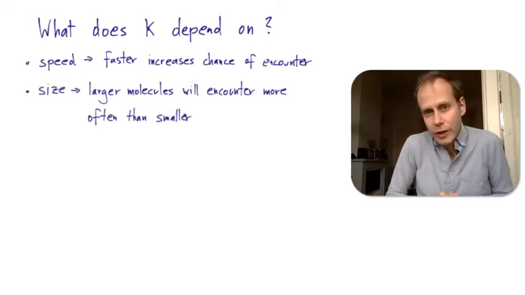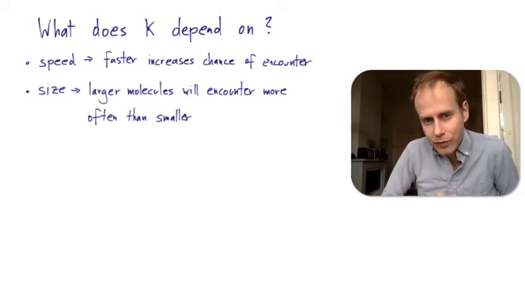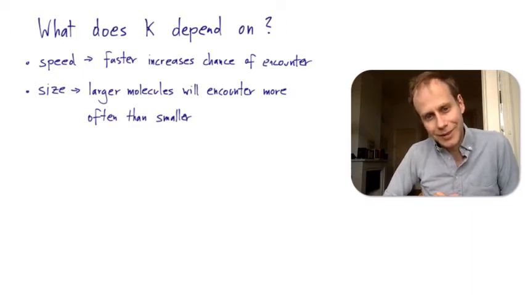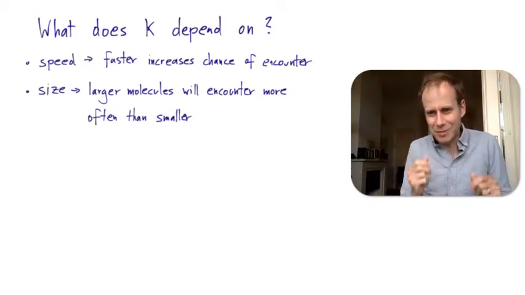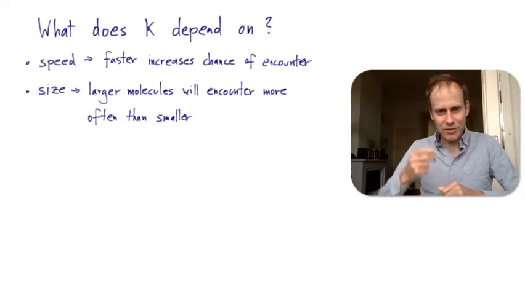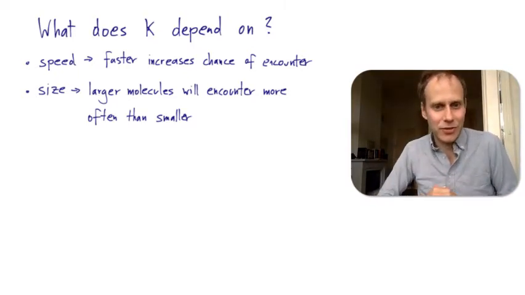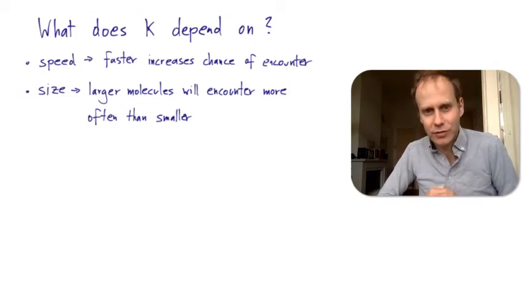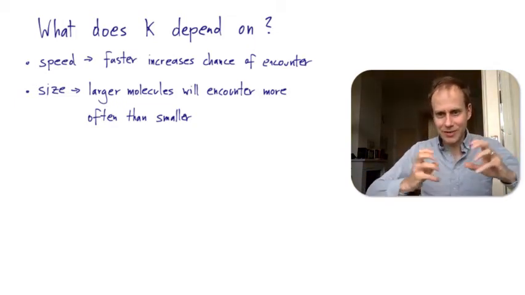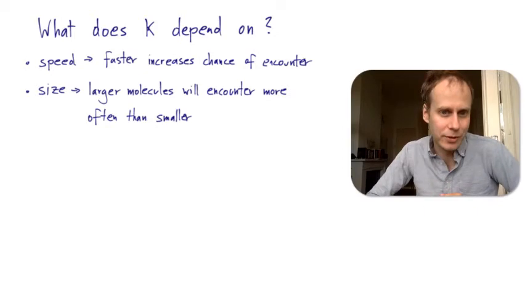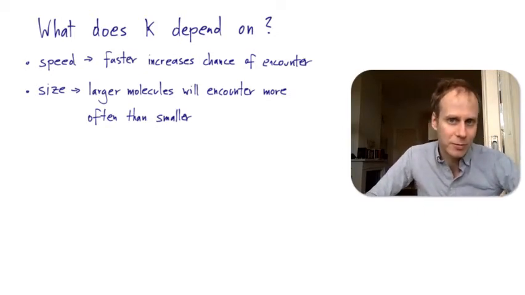Then, of course, how often collisions happen also depends on the size of the molecules. So if you have really tiny molecules, they will just rush past each other all the time, they won't really meet, even though they fly past each other. But for really big molecules, the chance of them actually bombarding each other, like hitting each other, is much higher. So you can see k also depends on the size of the molecules.